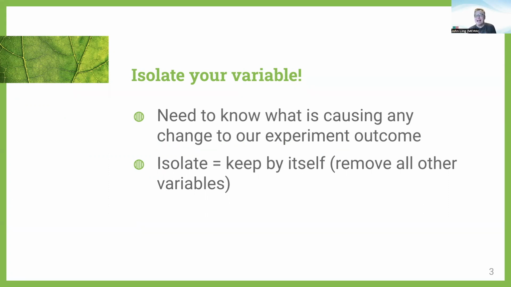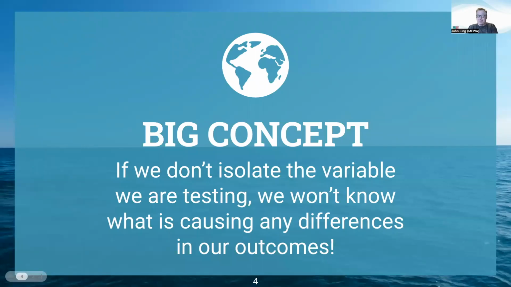So what do I mean by isolate? Isolate is basically just to keep by itself. It's making sure that we keep that one variable as the only thing that we change in an experiment. If we don't isolate our variable, then we won't know what's causing any differences in our outcomes.